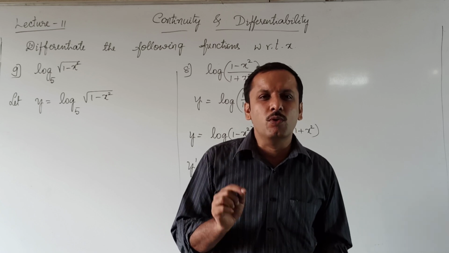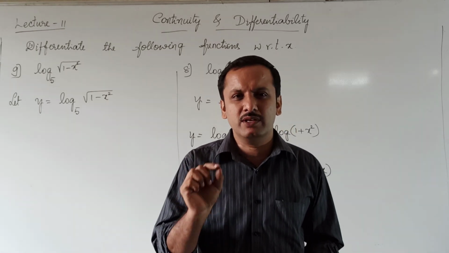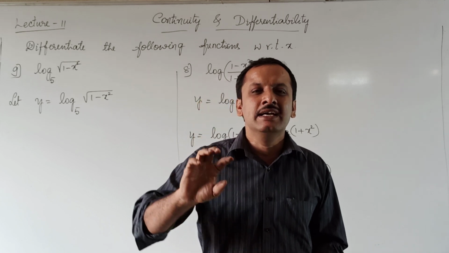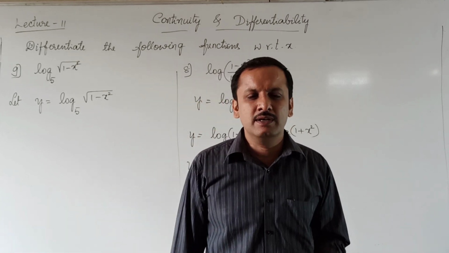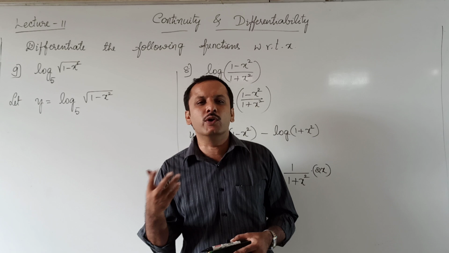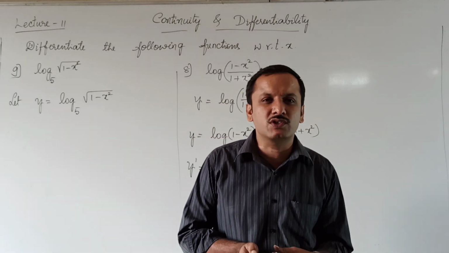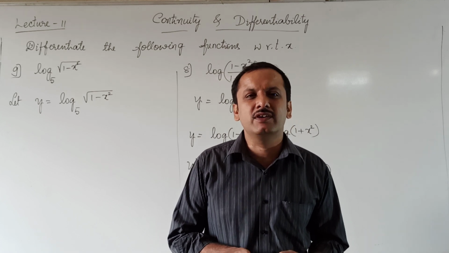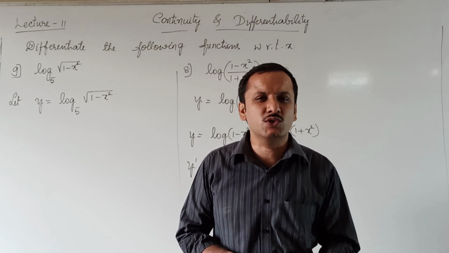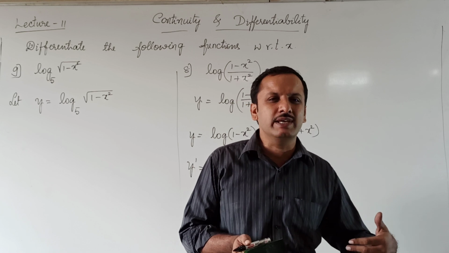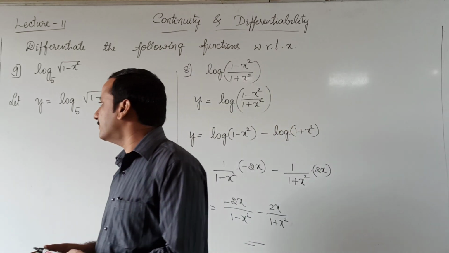It is true only when the base is e. If the base is something else, then we don't know its derivative. So the first thing we need to do is change the base to e, and then differentiate it.